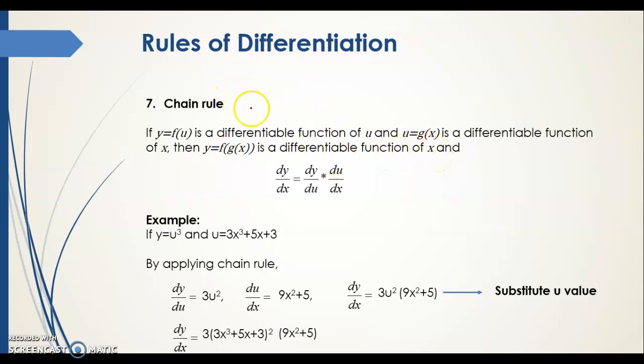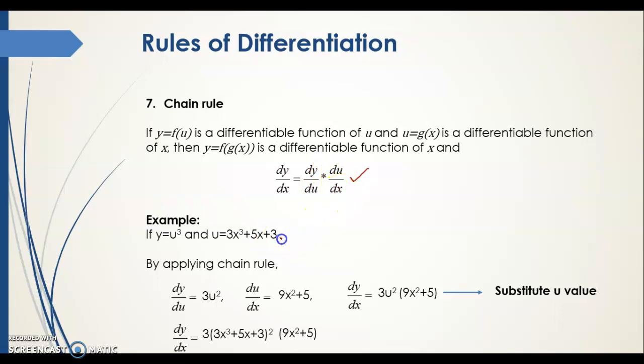Okay, so this means if y is a function of u and u is a function of x, and we have to find the derivative of y with respect to x, we can directly use this formula, in which we take the derivative of y with respect to u, and then multiply by the derivative of u with respect to x. So this is dy/du into du/dx.